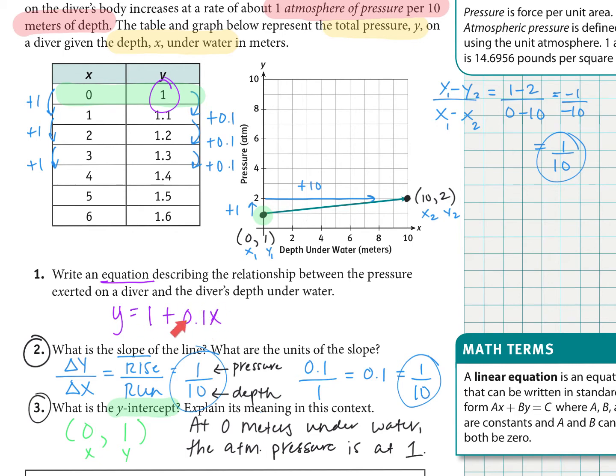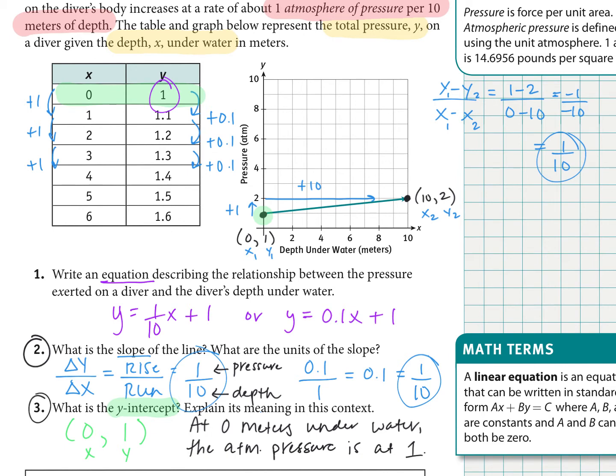I could actually put my slope with my x variable first. So I could switch it around and rewrite this as 1/10 x plus 1. Or like I said, I could rewrite this as a decimal. So 0.1 x plus 1.